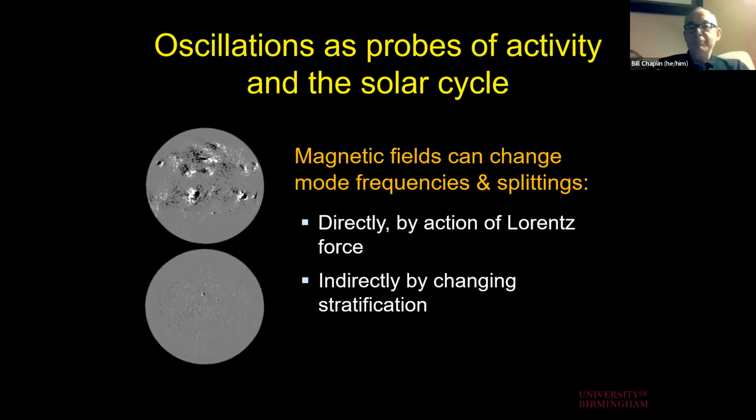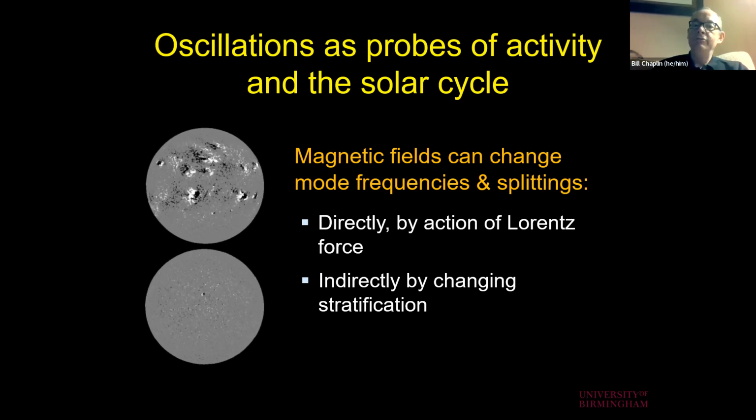Now, when we're thinking about how this activity drives changes in the frequencies, it can happen in two ways. One is directly, through the action of the Lorentz force changing the frequencies of the oscillations. But you've also got an indirect effect: in those layers of the star where you've got these magnetic fields, it changes the stratification.